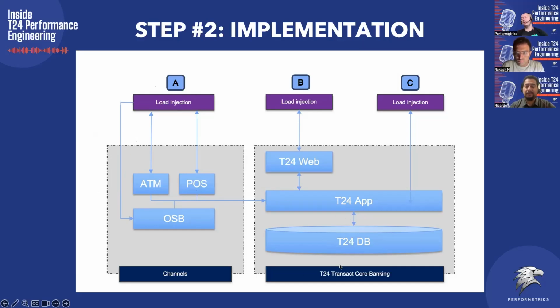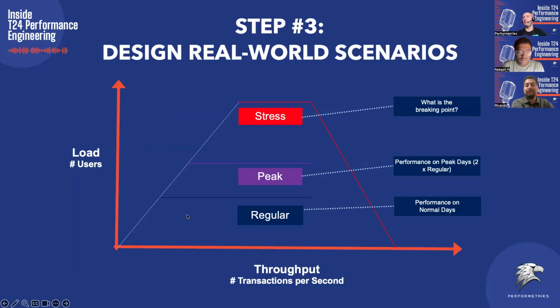After that, all the load is going to the T24 DB and is consumed by core banking. I told you before about 3 load tests that we were running for this particular client.